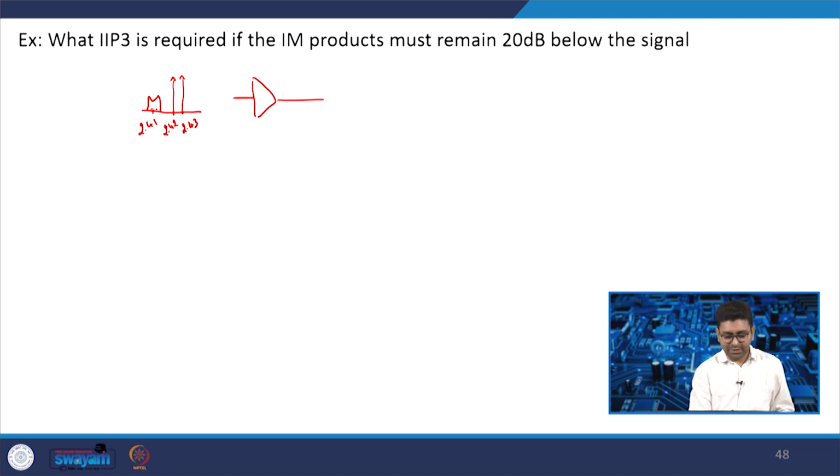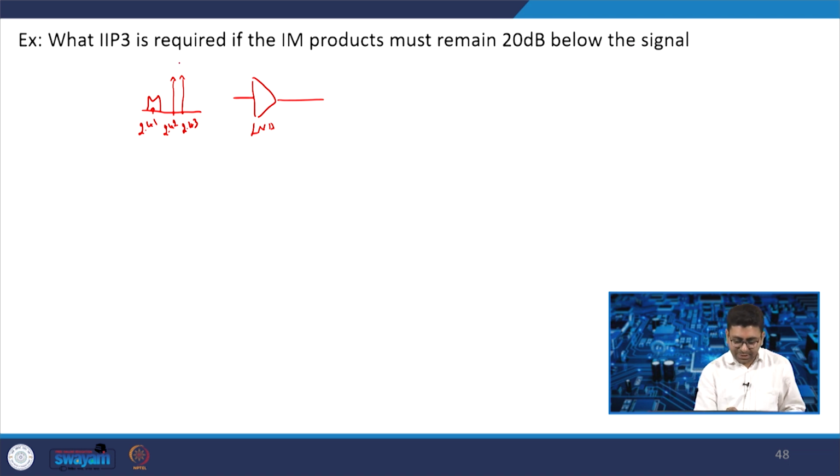So, what we need to get is what IIP3 of this LNA, this is a low noise amplifier, is required if the IM product must remain 20 dB below the signal.